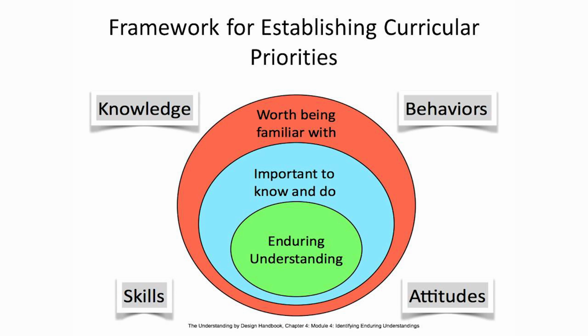This allows you to say, okay, these are the things I want for enduring understanding. These are the things important to know and be able to do. Part of that could be some of this foundational knowledge that helps us have enduring understanding of big ideas. And then there are other things that are worth being familiar with, and we may still want to include those.